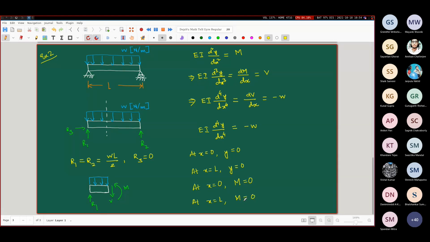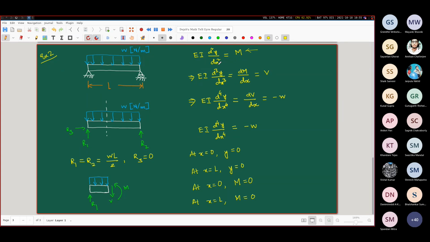Now writing like this is fine, that M is equal to 0, but the equation that you are going to end up with after integrating 4 times is in terms of y. So where is this M coming from? M is present here. The expression for M is EI d²y/dx².